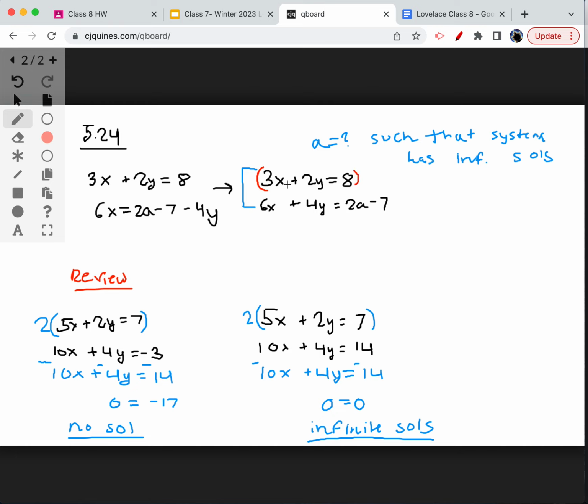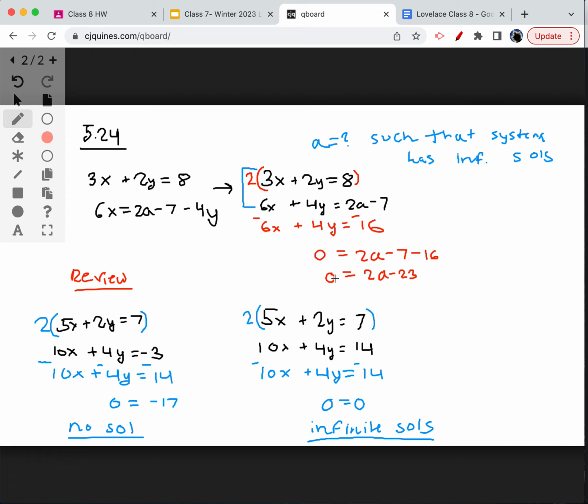So we multiply this entire first equation by 2, and we get 6x plus 4y is equal to 16. So then we subtract the red equation from the black equation, and we get 0 is equal to 2a minus 7 minus 16, or 2a minus 23.